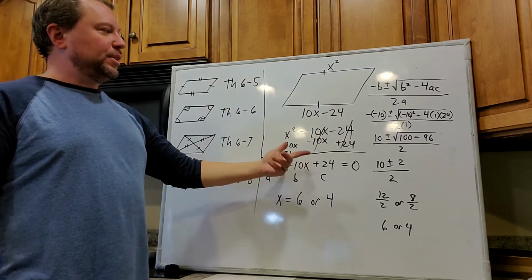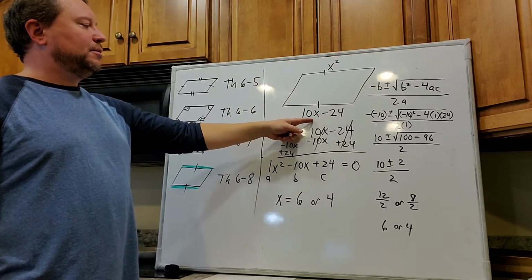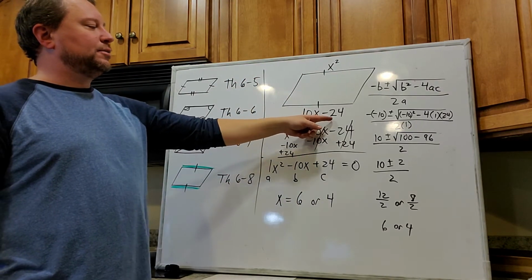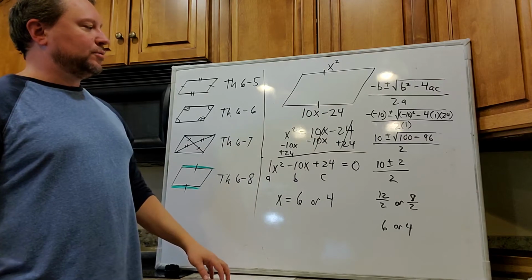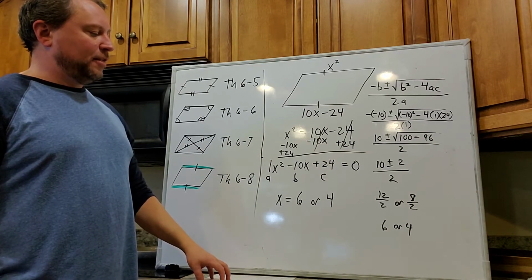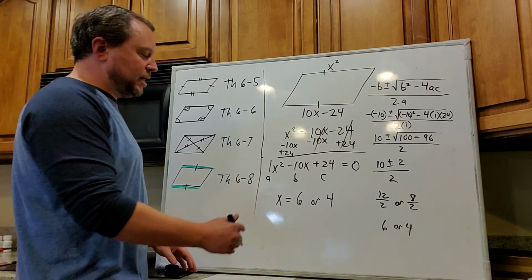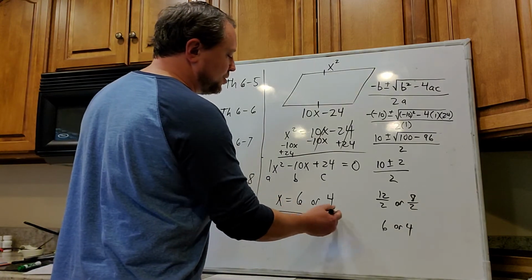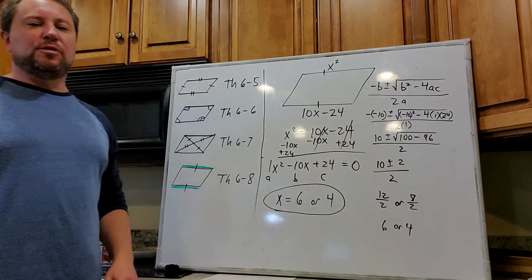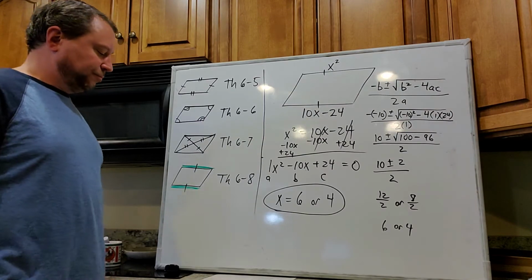The 4, same thing. Square it, you get 16. 4 times 10 is 40, minus 24 also gives you 16. So both of those are correct answers, both possible values of x on that one.